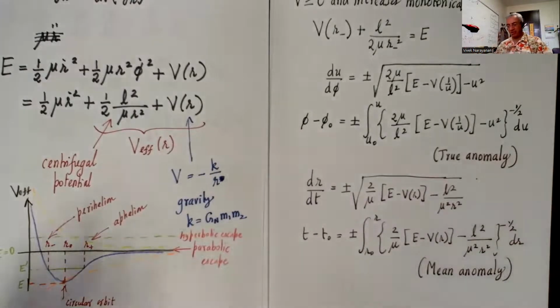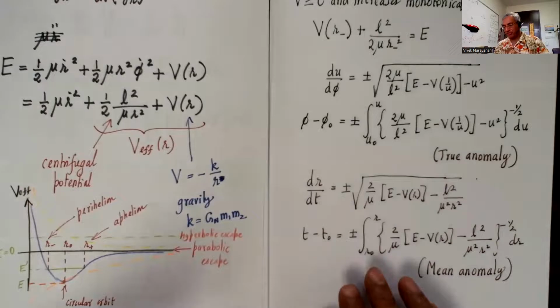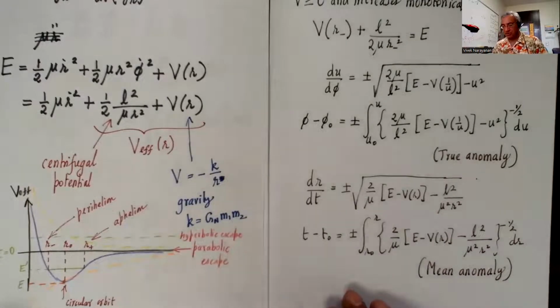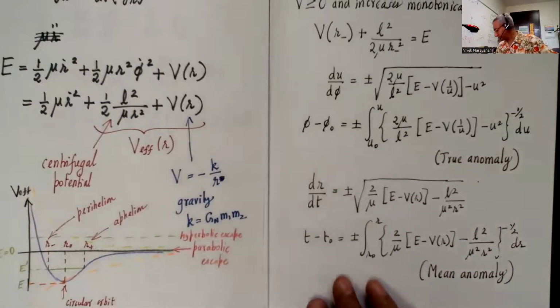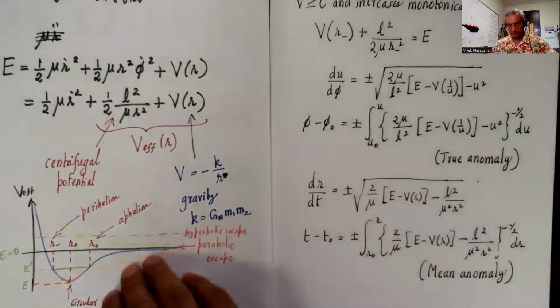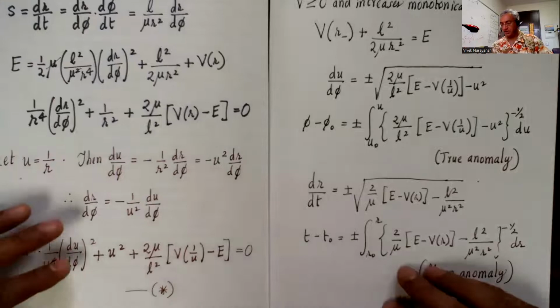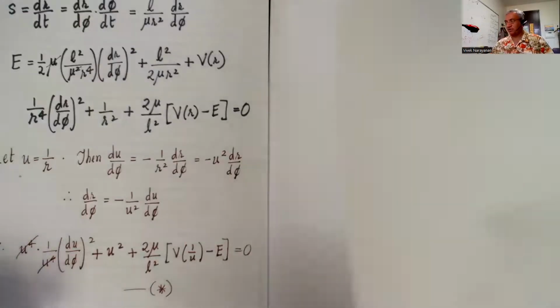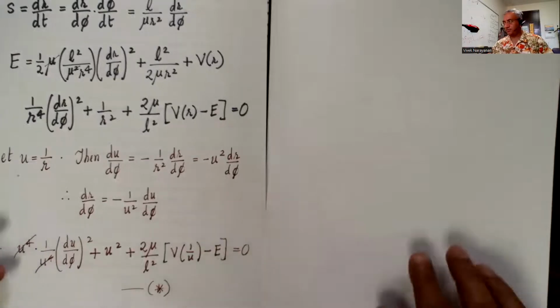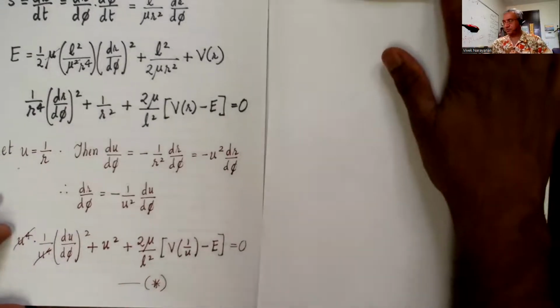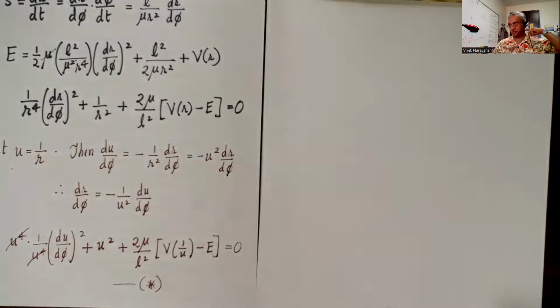But my main reason is not show and tell. I actually want to solve for the orbit. So let me go back to equation star, which is this. Let me rewrite equation star here.